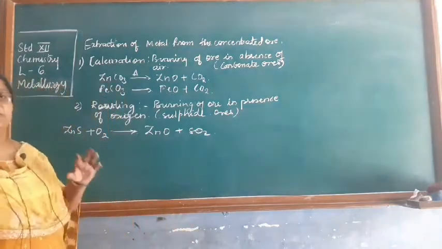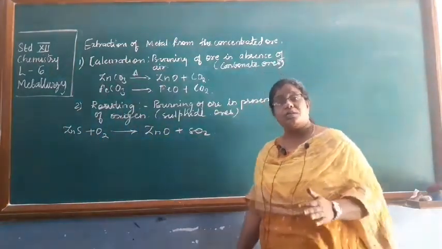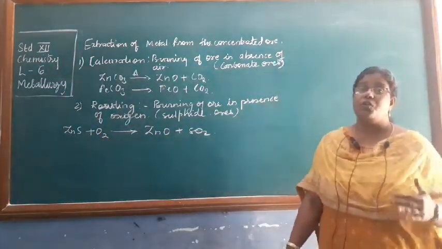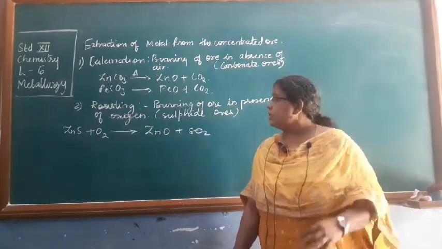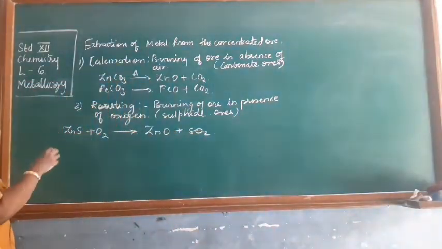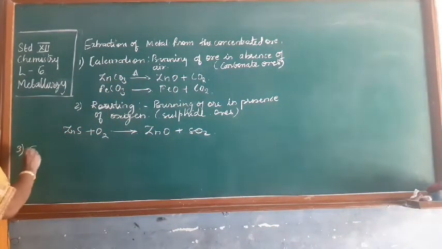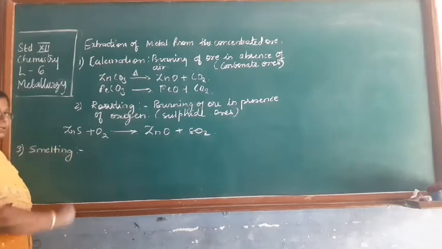Now you have to remove the oxygen from the oxides, and that process is called reduction of the metal oxides, or smelting. So the next process after roasting and calcination is the third process, which we call smelting.